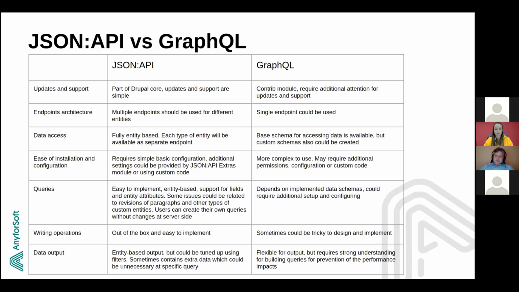At the same time, in GraphQL, the data output is more flexible in comparison to JSON API. But as I said, it requires a strong understanding of how to build queries to prevent performance impacts, because if you are doing some non-optimized queries, it can provide high load and especially performance impacts on the project.